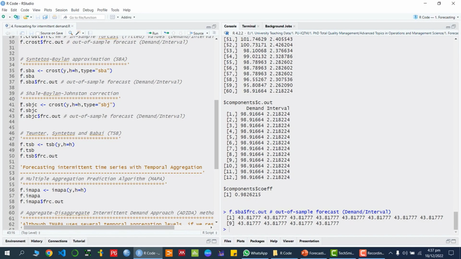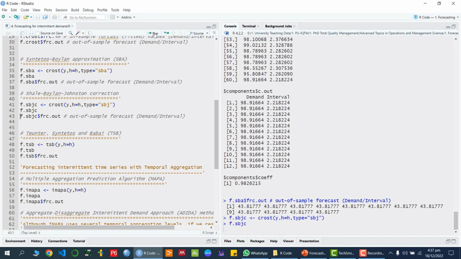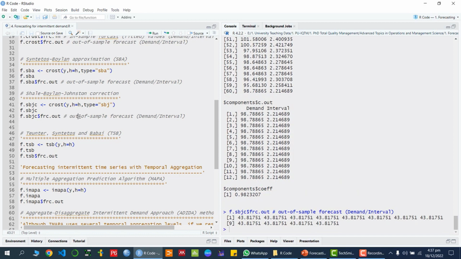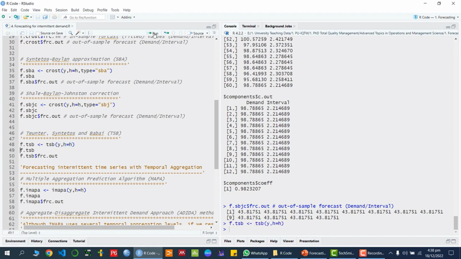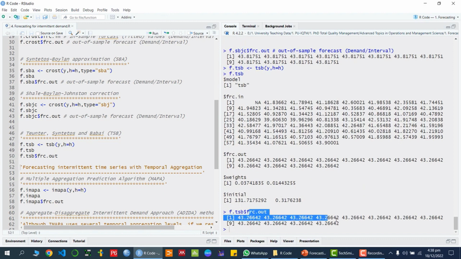With the same function, we only have to set the type equal to SBJ. To apply TSB, we use the function called tsb, with the name of the variable in which we have the actual data set, and h equal to h, which is the forecast horizon. Now if we run this, these are the forecasted values with the help of TSB.